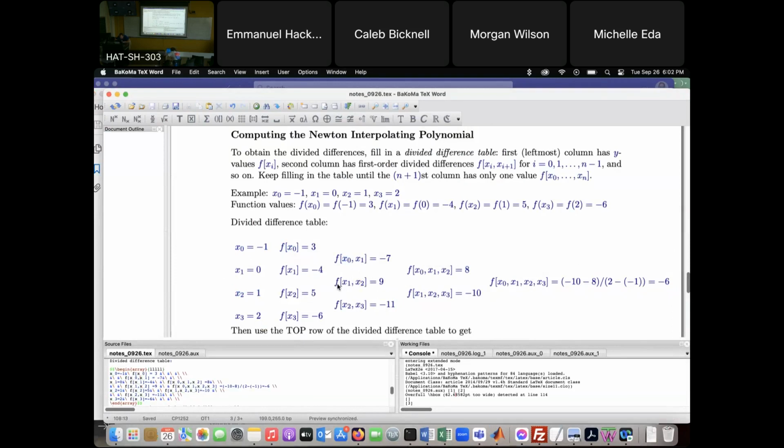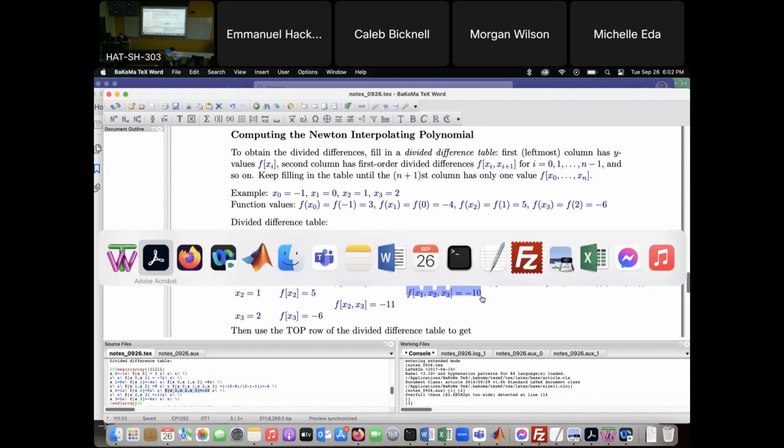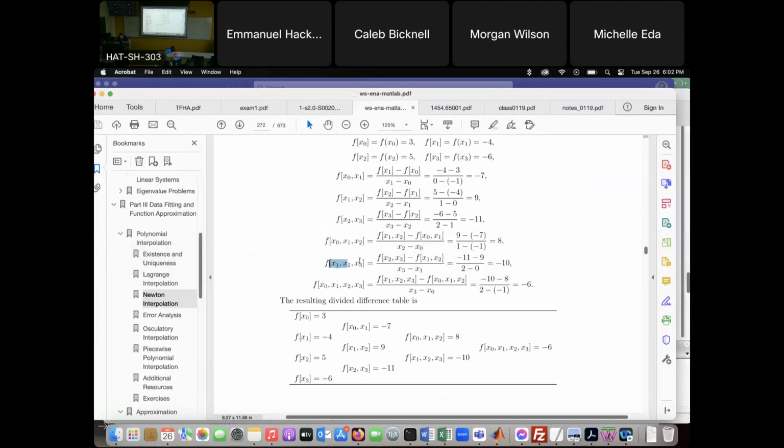Similarly, if I get this divided difference here, I have minus 11 minus 9 divided by x3 minus x1, so 2 minus 0, and that gives me minus 10. And that's what you see here.